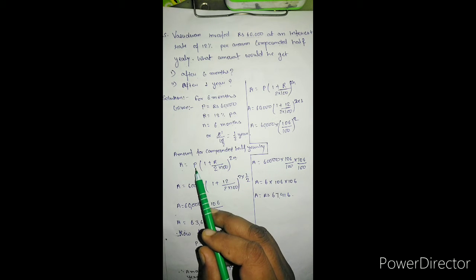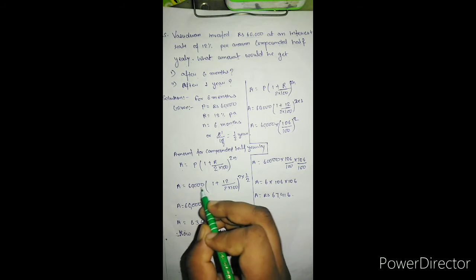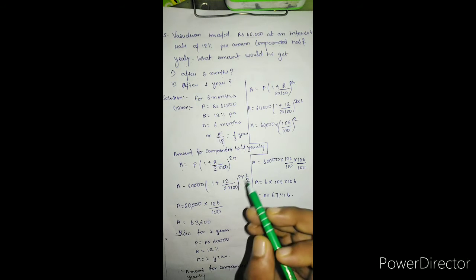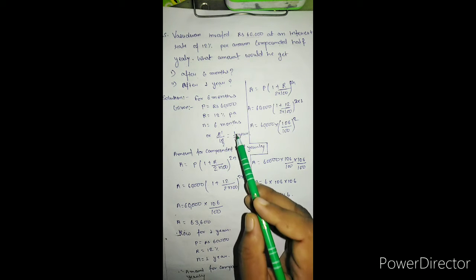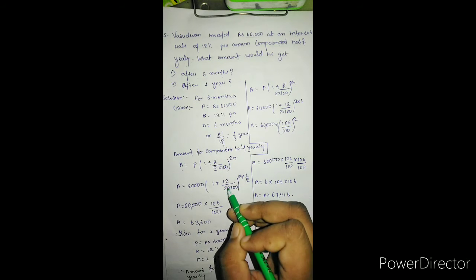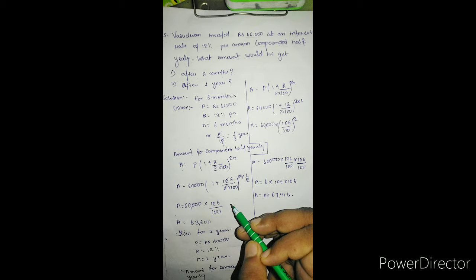Now put the values. P is 60,000, 1 plus R is given here 12%, so 12 by 2 into 100, and 2n value is what? 1 by 2 year, so it is 2. Now cancel this 2 and 2, 6 twos are 12.